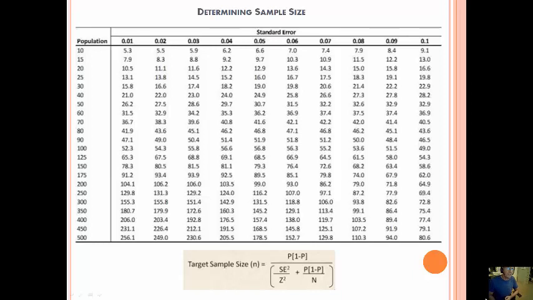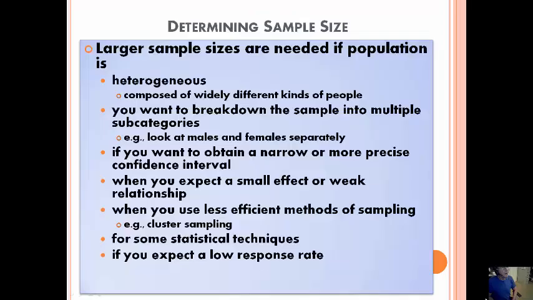Lots of other factors need to be considered. But again, the tables will do that for you. You find yourself a good table, and it walks you right through it. So that's determining sample size. And again, sample size is something that you always want to consider in doing a realistic dissertation proposal if you're doing a quantitative proposal.